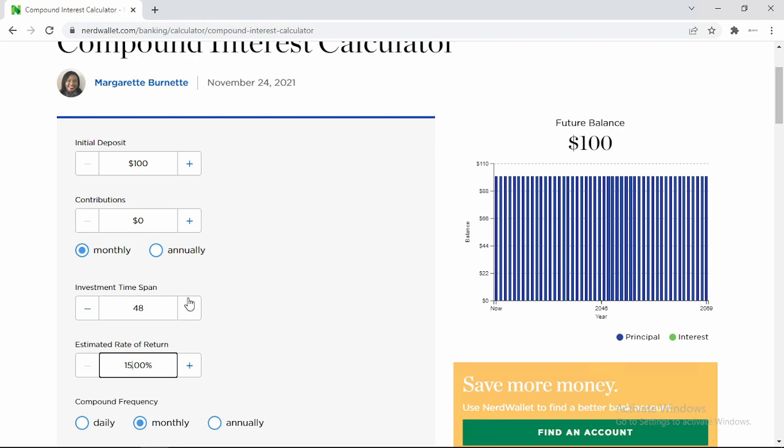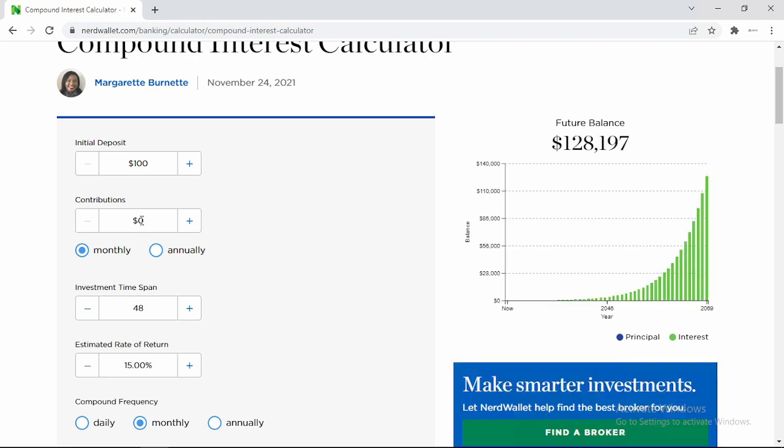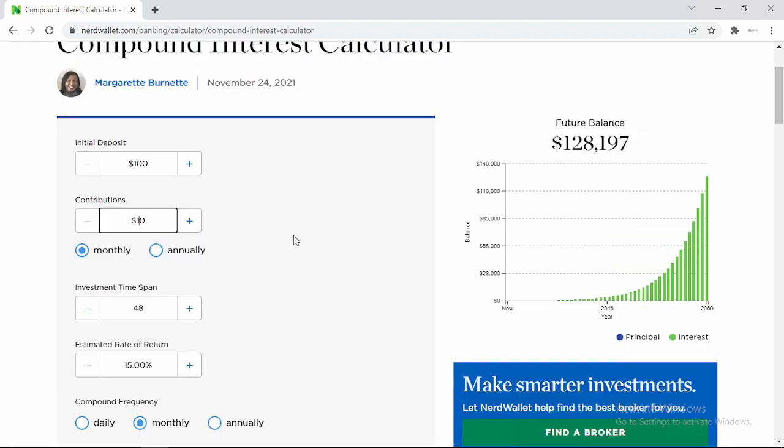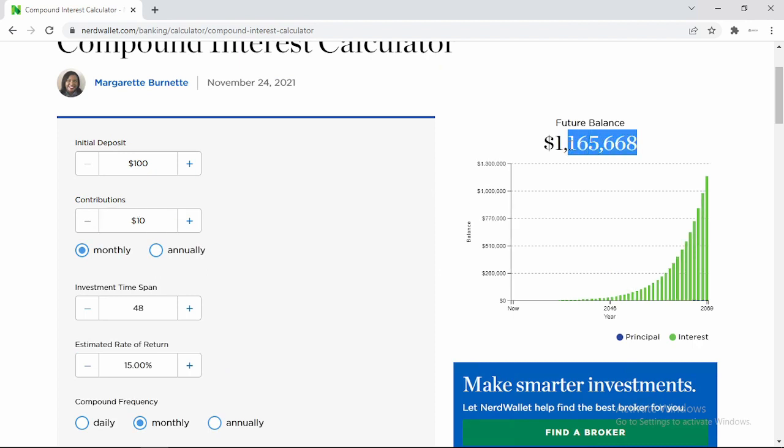Okay, so let's just go with the monthly. Let's say we are compounding monthly, not per trade. And let's say we are contributing about $10 to our live account every month, to see how much we can make over the long run in 4 years. You can see that's about $1.165 million in 4 years.